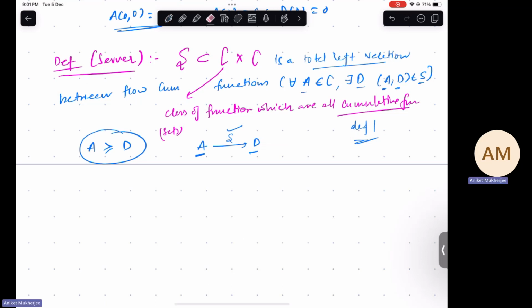You can also write it as a tuple (A, D) belongs to S. Okay, so when we say you have a left order, it means that it is pointwise order. Like for all t greater than 0, A(t) is greater than or equal to D(t).